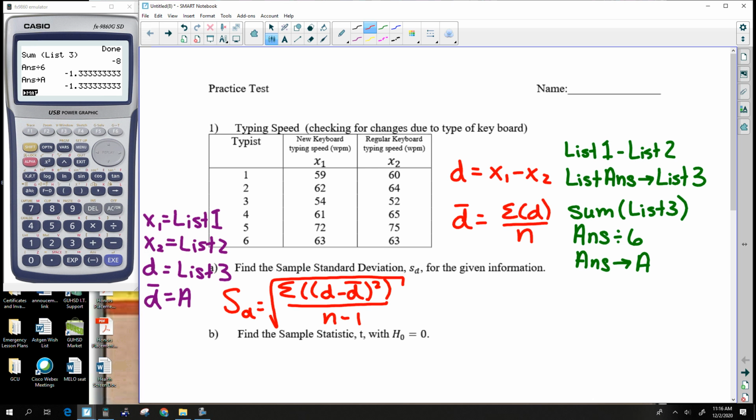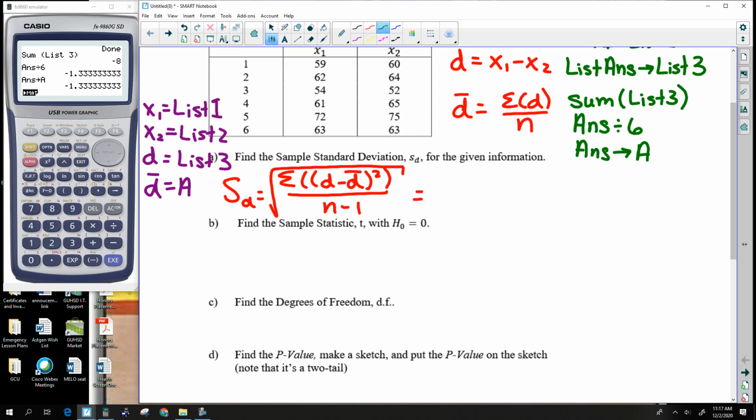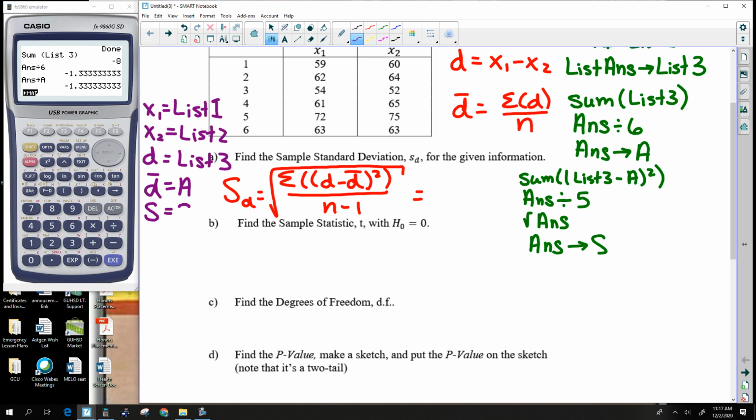So again, calculator speak, this is the sum, double open of D minus D bar, closed squared closed, divided by n minus 1, which in this case is 5, square root that. That's going to be your answer. However, I need it in my calculator, so I'm going to store it as the letter S.